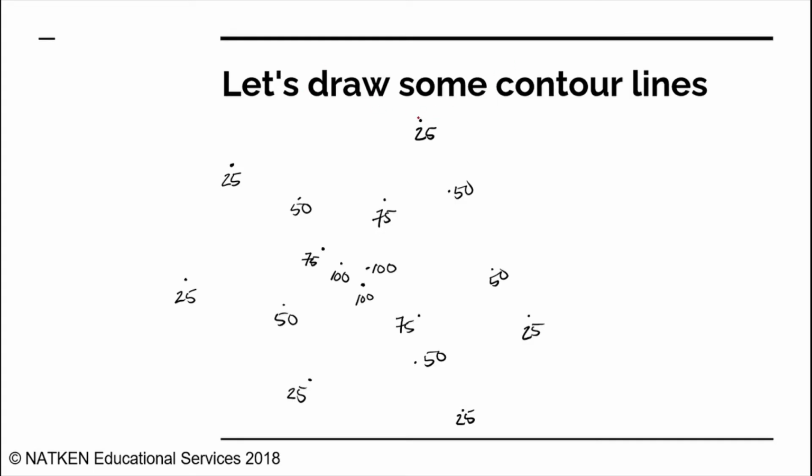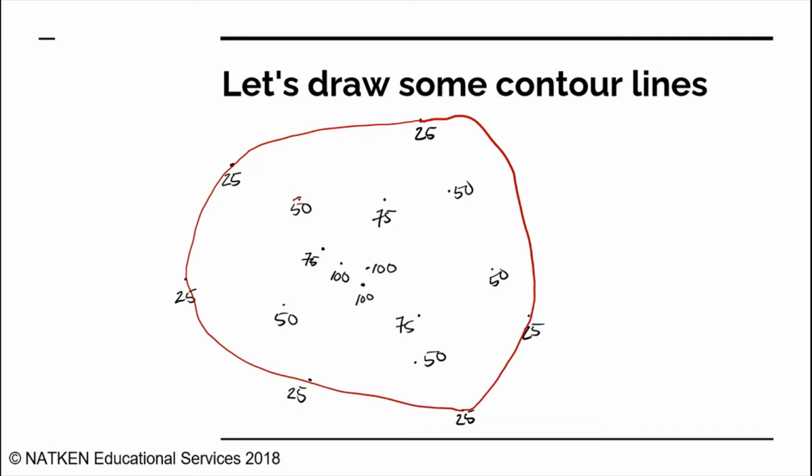So we can start here at 25. We're connecting 25. The contour lines do not all have to give you a shape. They can give you a line or whatever it needs to, as long as it is connecting the places of equal height. So we have done 50, now we have number 75.